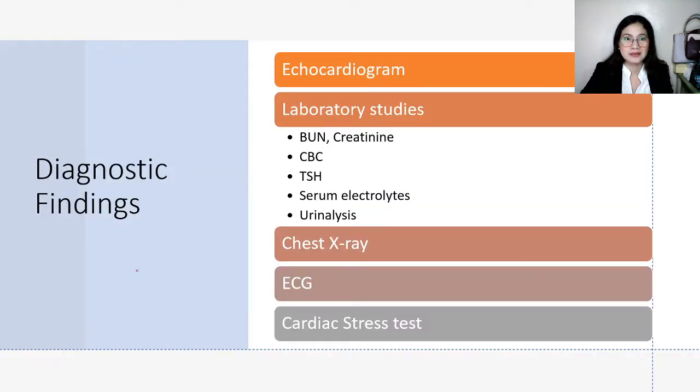What could be the diagnostic findings? There could be an echocardiogram to check the heart movement, and the doctor can also order some laboratory tests. These must include blood urea nitrogen and creatinine, for renal function, a complete blood count (CBC) to check if there are any other deviations, thyroid stimulating hormone, serum electrolytes, and urinalysis.